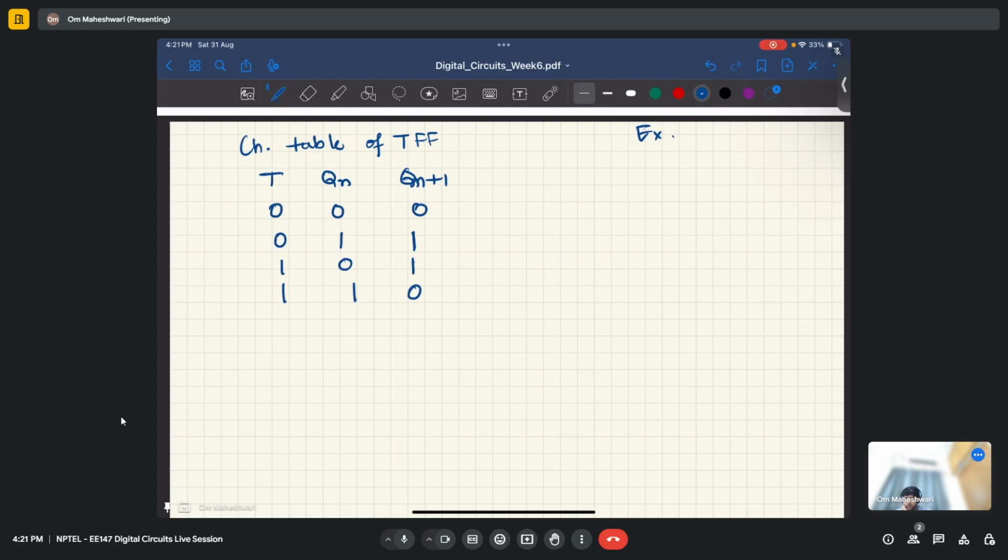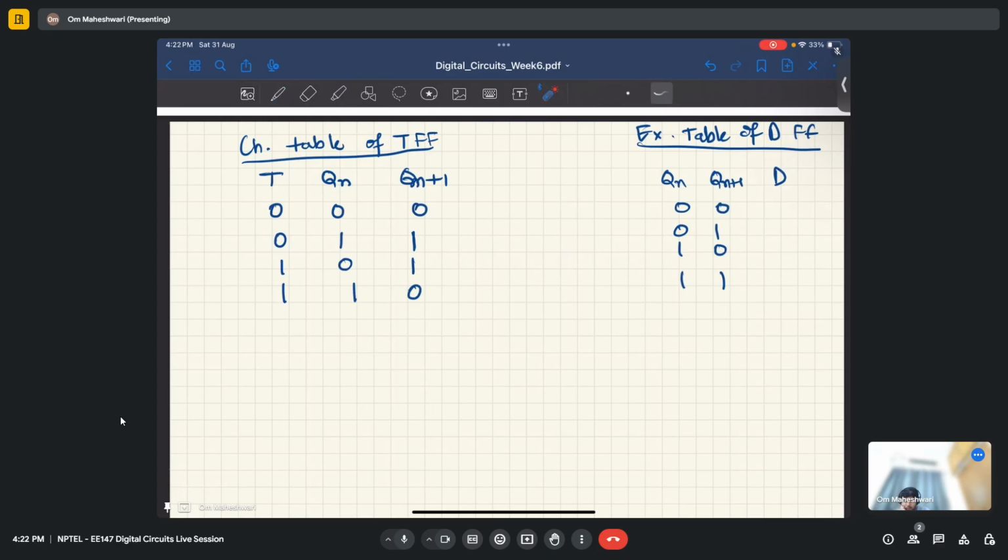Excitation table of D flip-flop: whatever is this output, D is same.